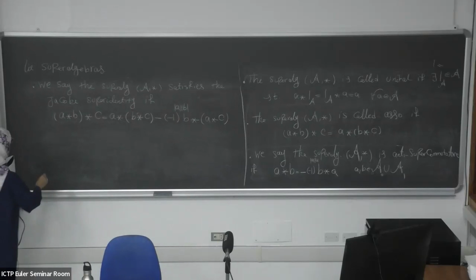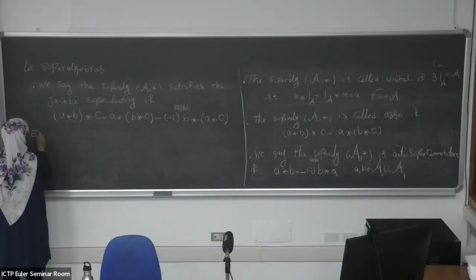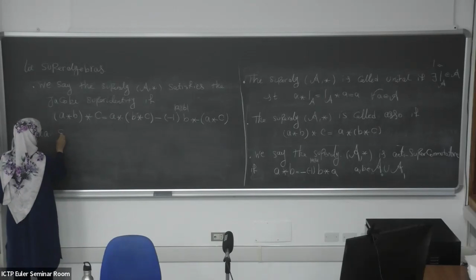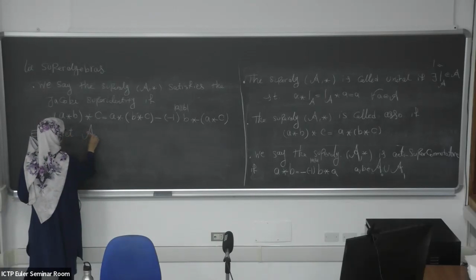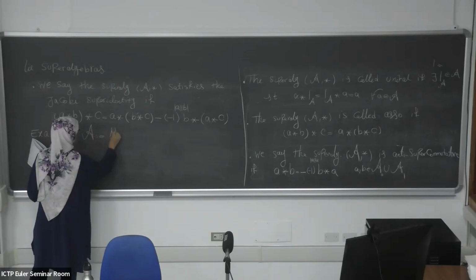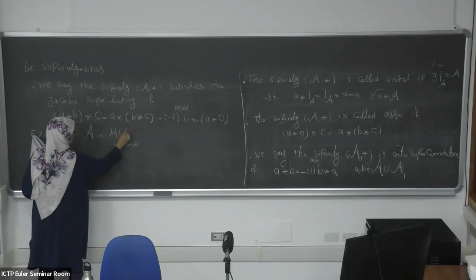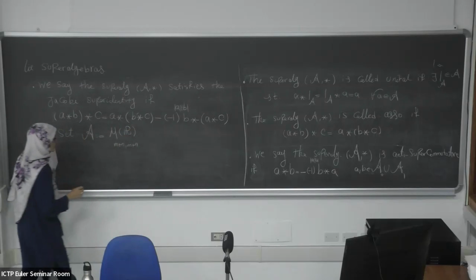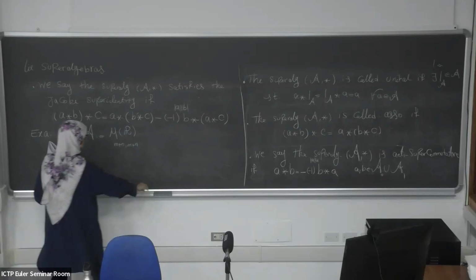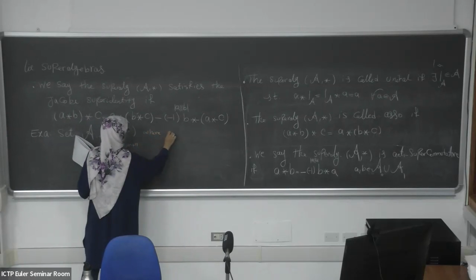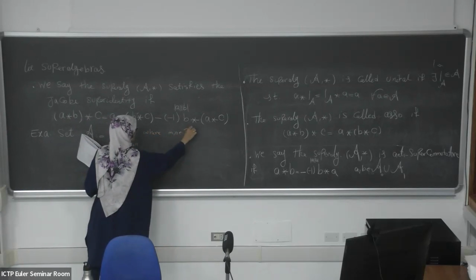Let's look at some examples. Set A to be the matrices of dimension m plus n over F, where m and n are two positive integers.